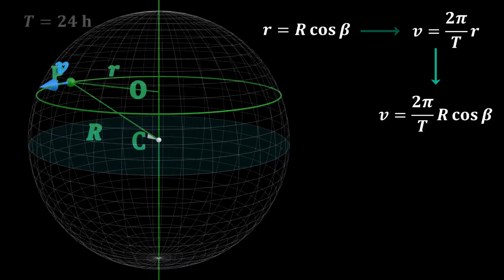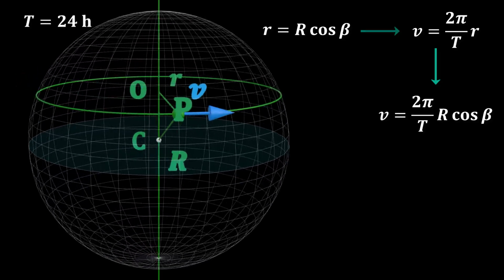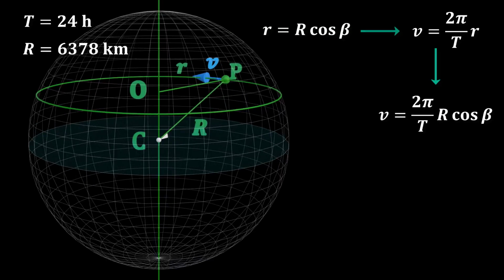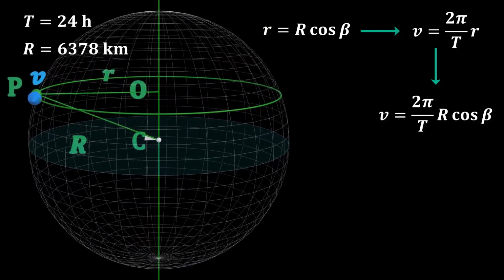The time period capital T is 24 hours and capital R equals 6,378 kilometers.